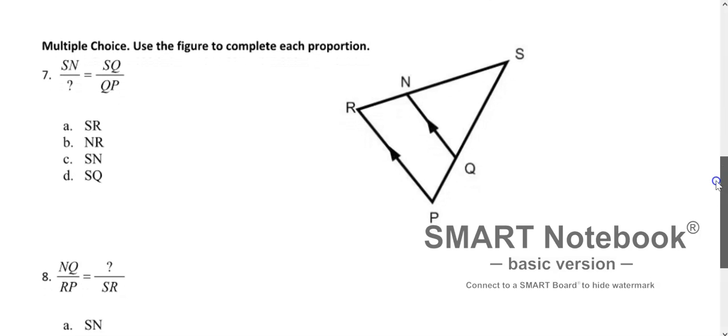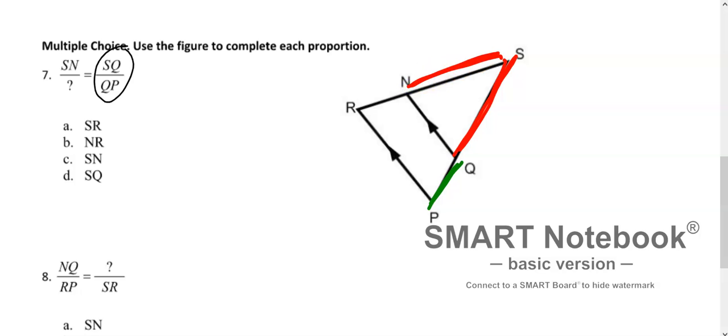All right, number 7. I'm going to use colors here to help you highlight what's going on. Look first for the one that has both pieces filled out. So SQ, where is that? That's right here. To QP, that's right here. Okay, so without even looking at the problem, I'm going to match up the colors.